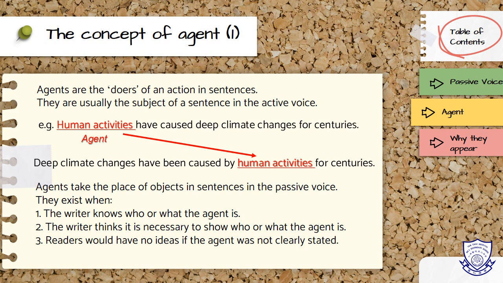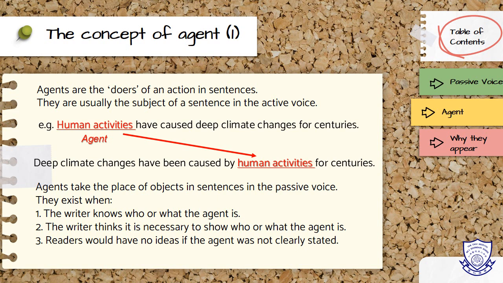So there are some situations where you should see the agents in sentences in the passive voice. The first one is when the writer knows who or what the agent is. The second situation is the writer thinks it is necessary to show who or what the agent is.